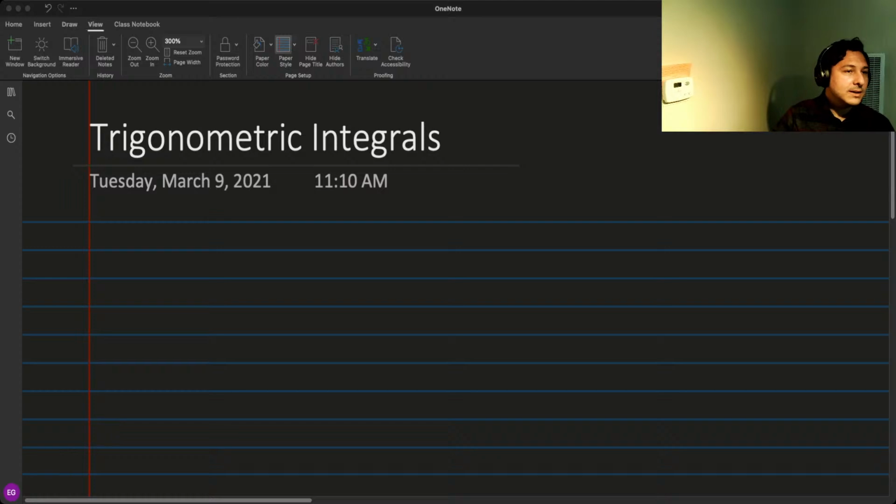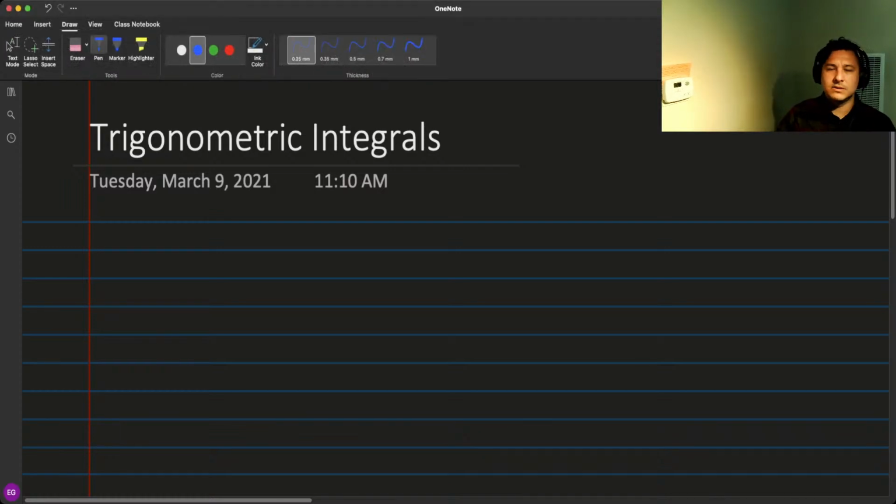You know how to find things like, well, what's the antiderivative of cosine? We know that the antiderivative of cosine is sine. And why is that?